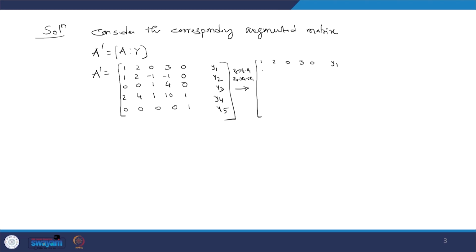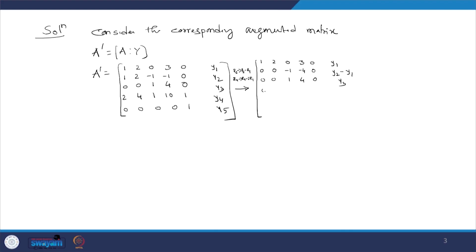I am getting here 0, 0, minus 1, minus 4, 0, y2 minus y1. The third row will remain 0, 0, 1, 4, 0, y3.